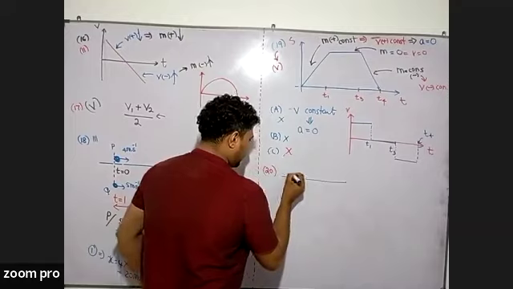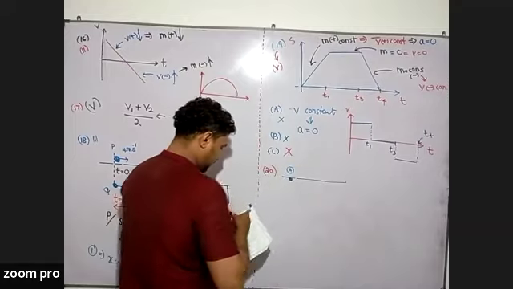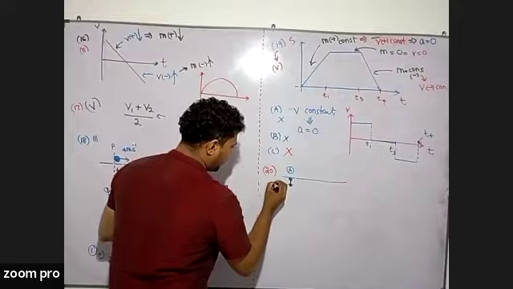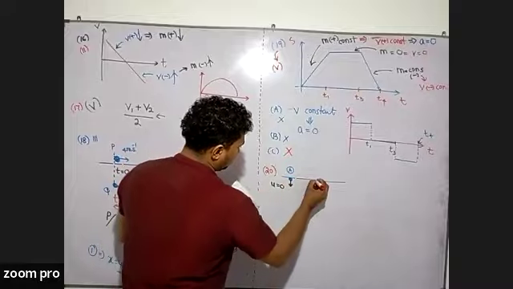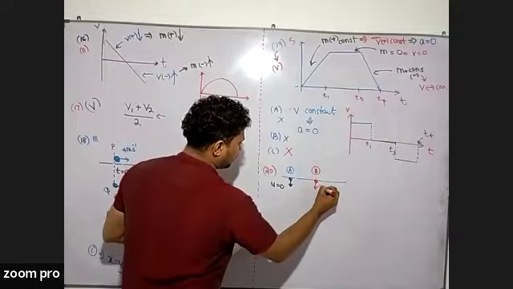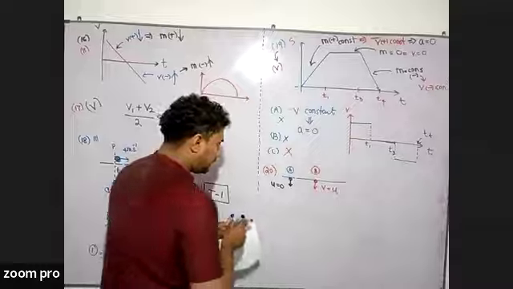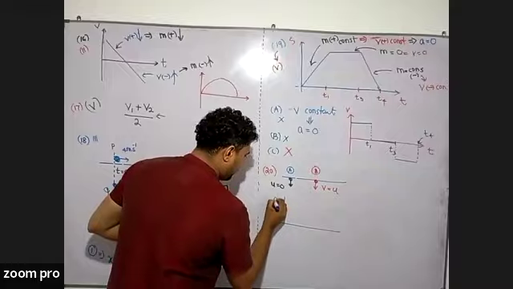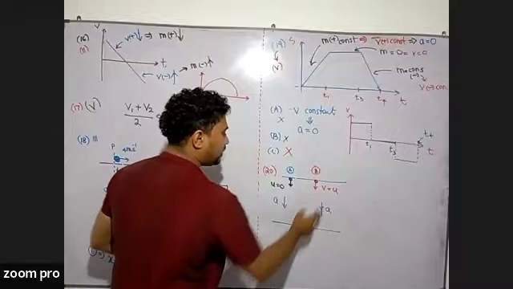Now, the A object is dropped. That means the initial velocity is 0. The second object, that is B, is thrown vertically downwards with an initial velocity. Even so, both objects move downward with the gravitational acceleration, so the acceleration should be constant.